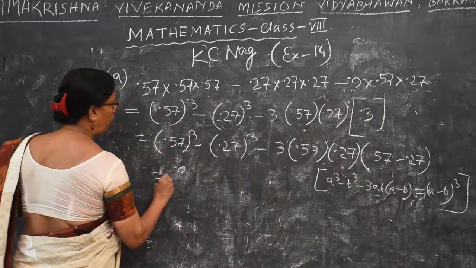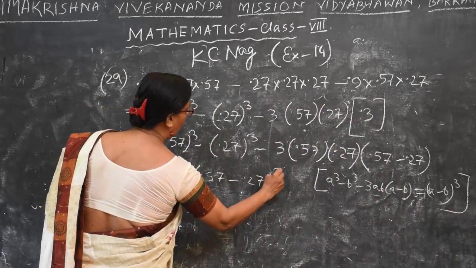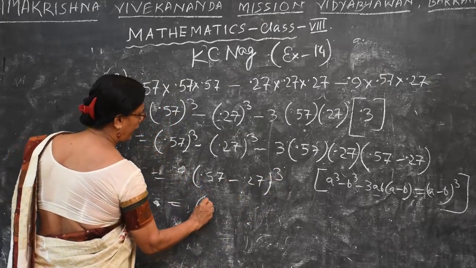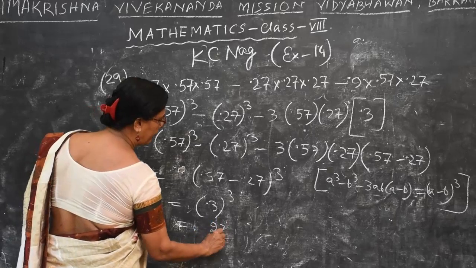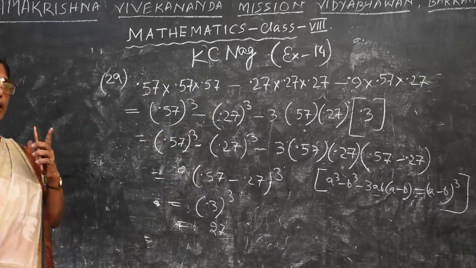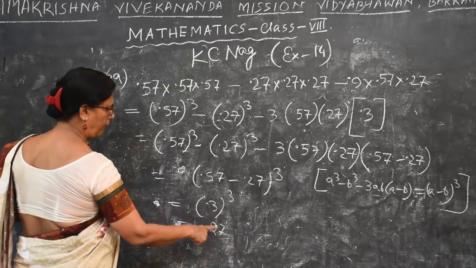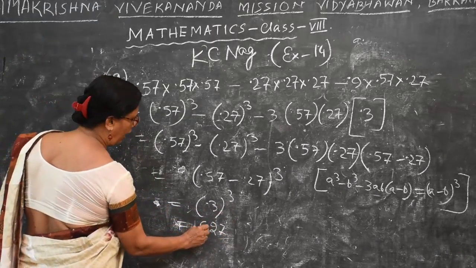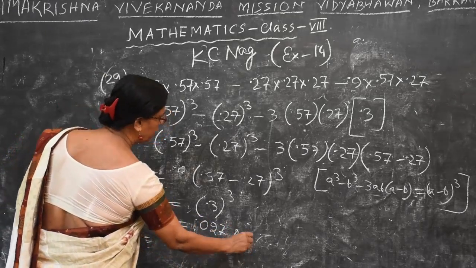So it is 0.57 minus 0.27 whole cube. So that is 0.3 whole cube. 3 cube is 27. 0.3 cube means 1 point for single, 1 point for square and another point for cube. We will do this one.